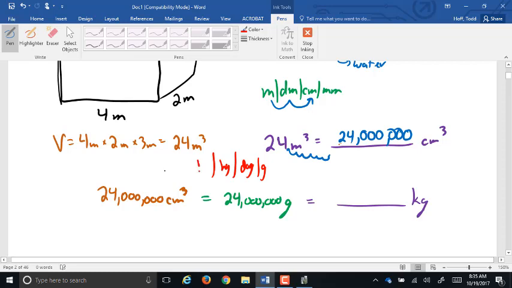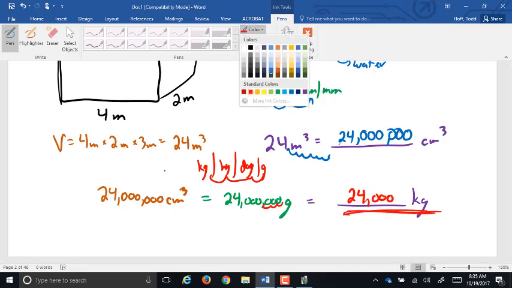Well, from grams to kilograms, it's 3 spots to the left on the chart. So my decimal point has to move 3 places to the left. So that's 24,000 kilograms. So that would be the mass if the tank were full.